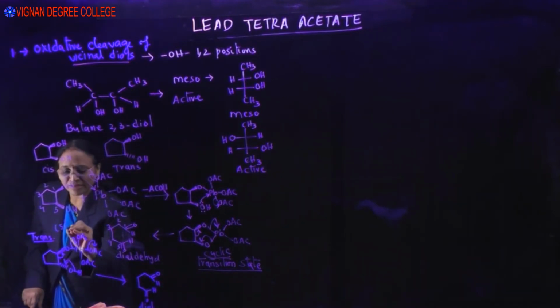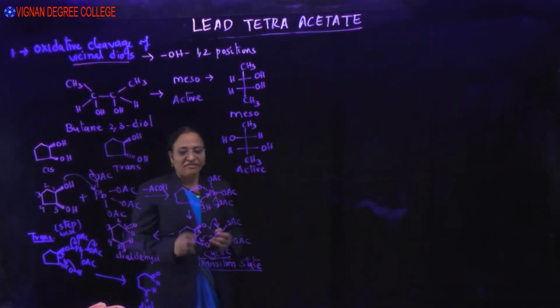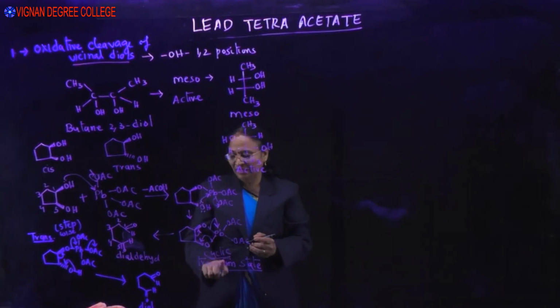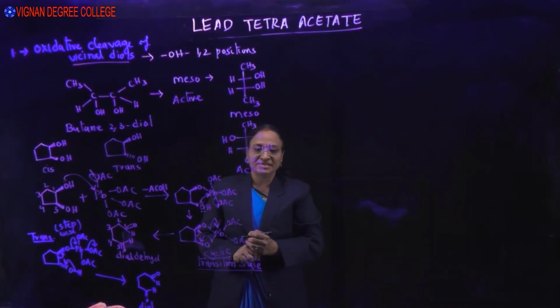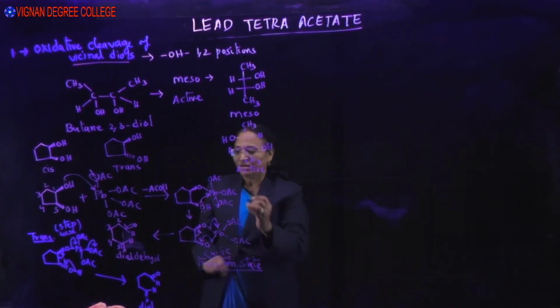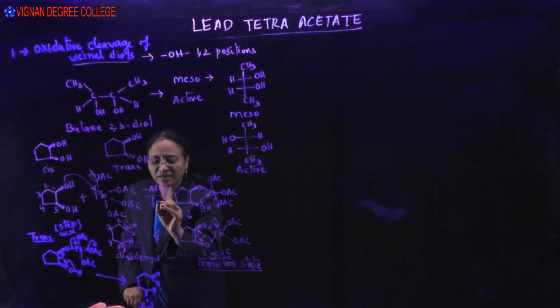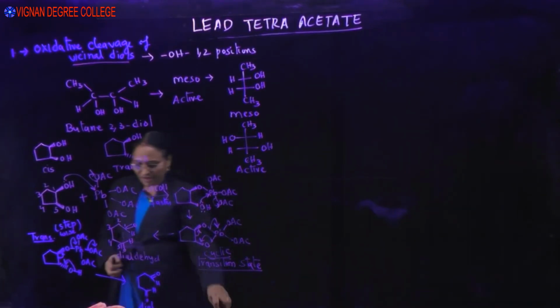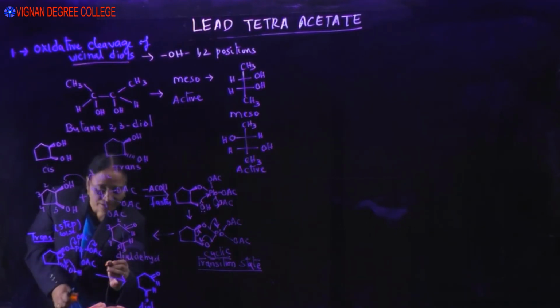So whenever it is with a trans configuration, the reaction occurs in a stepwise manner. If it is a cis configuration, it occurs through a cyclic transition state. Since it is occurring through a cyclic transition state in a cis-diol, this reaction occurs at a faster rate, whereas in case of the trans-diol, the reaction occurs at a slower rate.